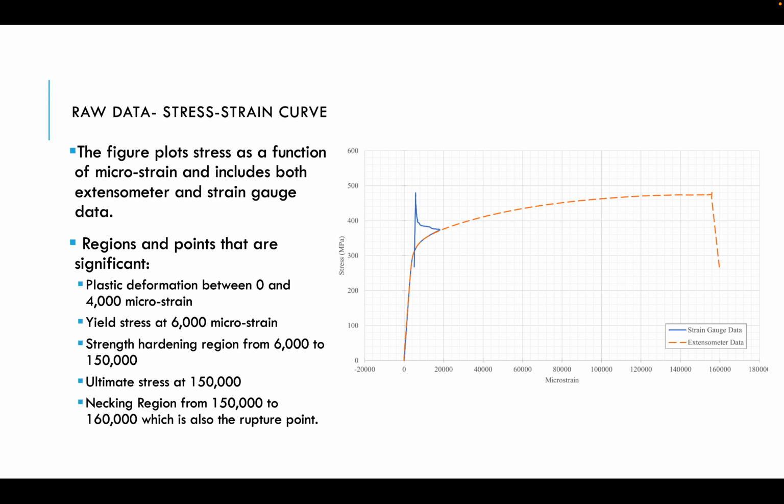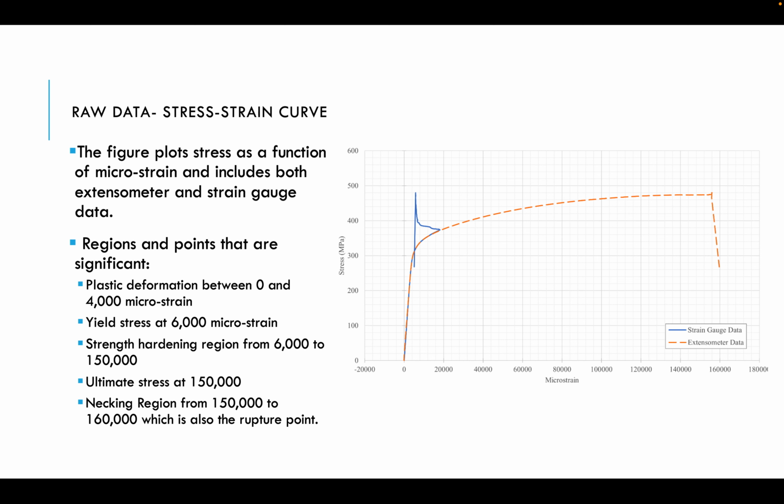One of the most important pieces of data collected during the tensile testing was the stress-strain curve. This curve provides insight into how the material responds to the applied tensile load and can help us understand the material's mechanical properties. The stress-strain curve is plotted with stress on the y-axis and microstrain on the x-axis.